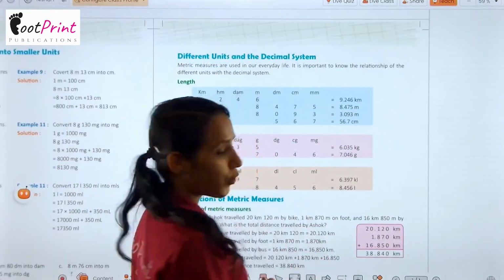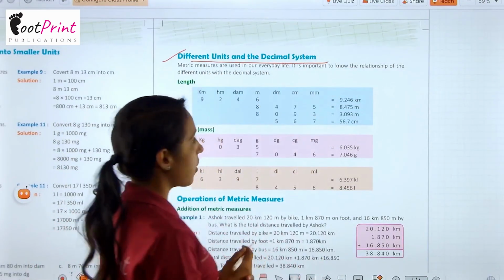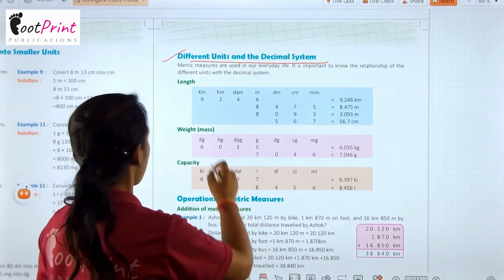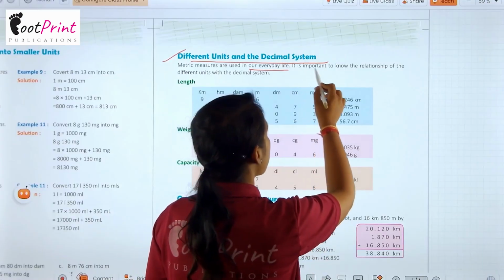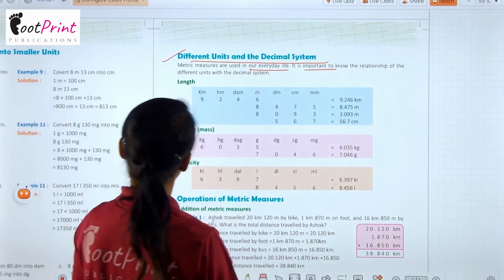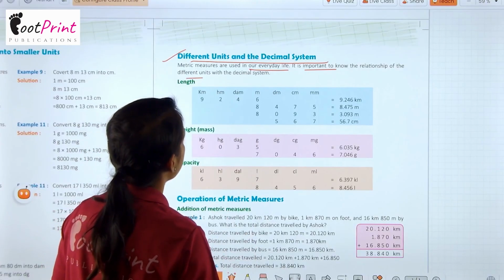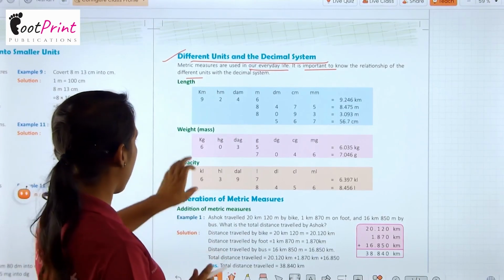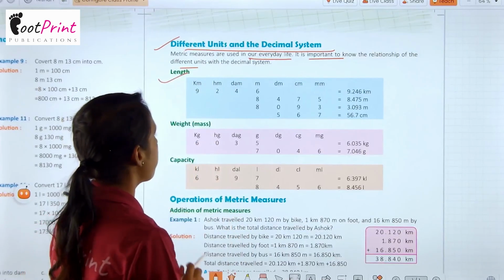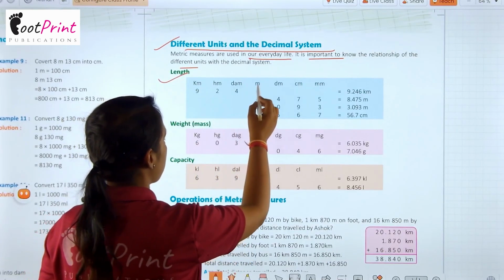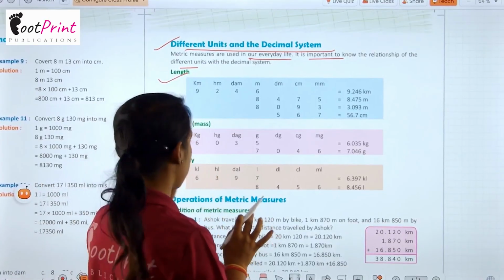Students, now we have different units and the decimal system. Metric measures are used in our everyday life. It is important to know the relationship of the different units with the decimal system. Just look at length. We know the place value chart we discussed earlier.